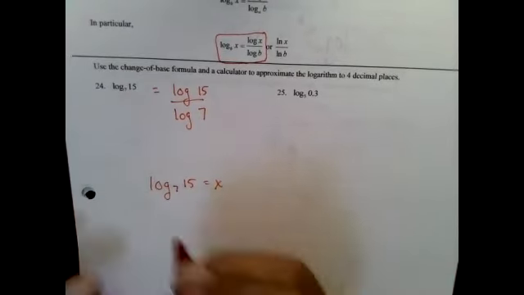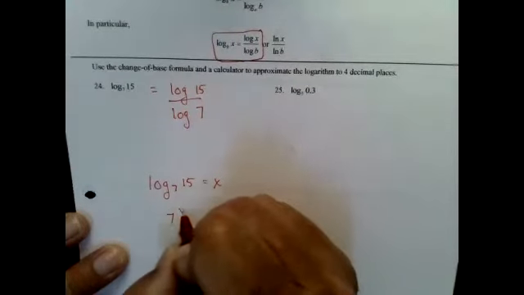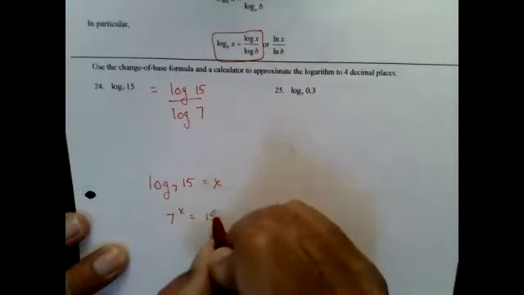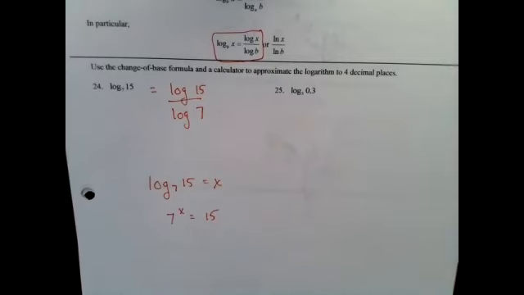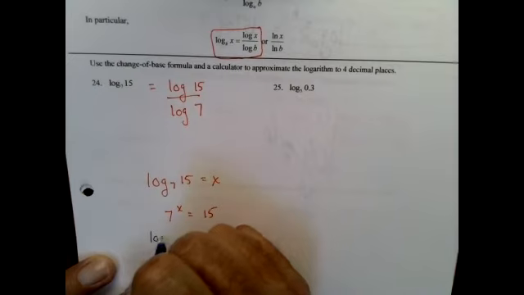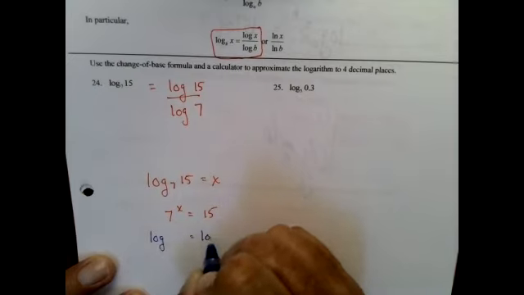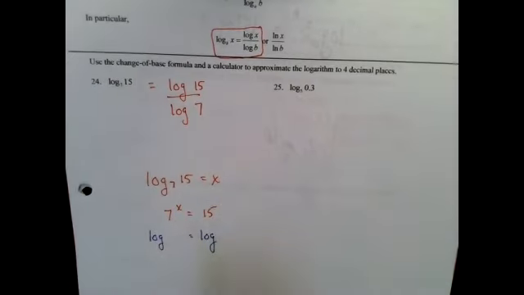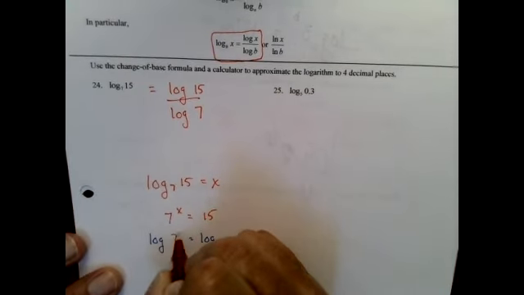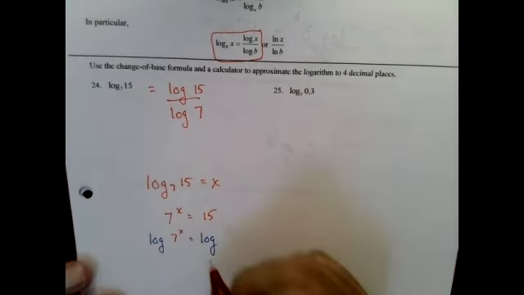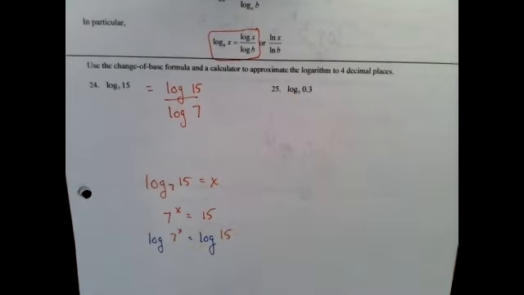If I change that log into an exponent, I get 7 to the x power equals 15. So far, so good. If I take the log of one side, I have to take the log of the other side. So I get the log of 7 to the x power equals the log of 15.